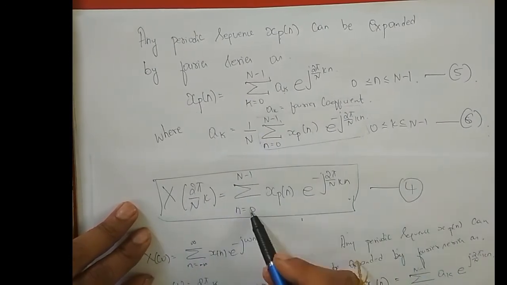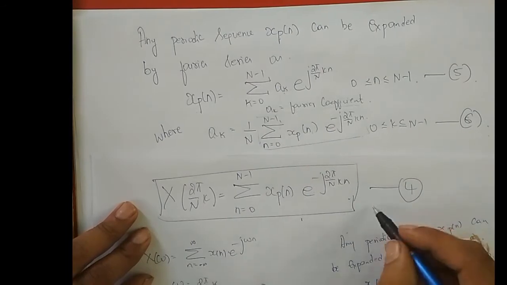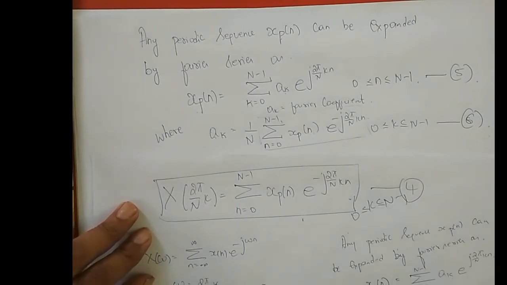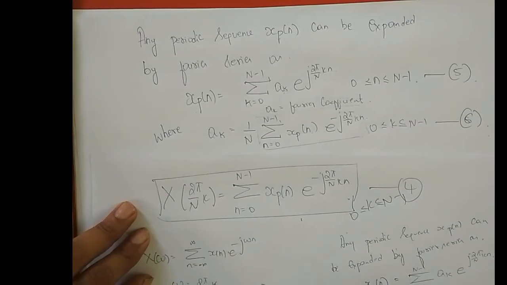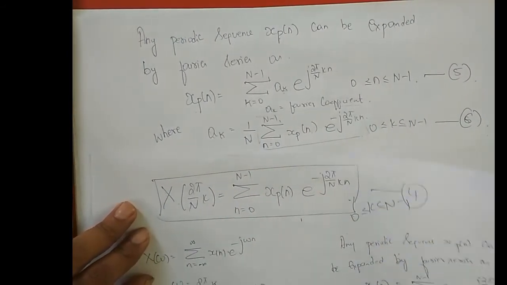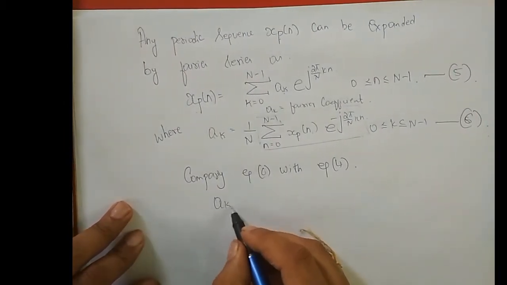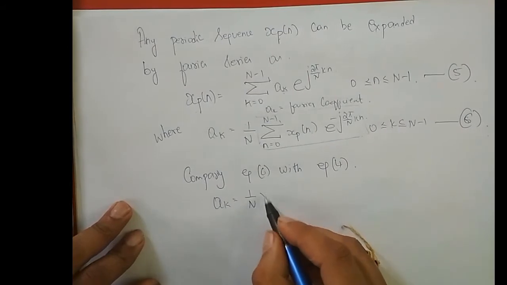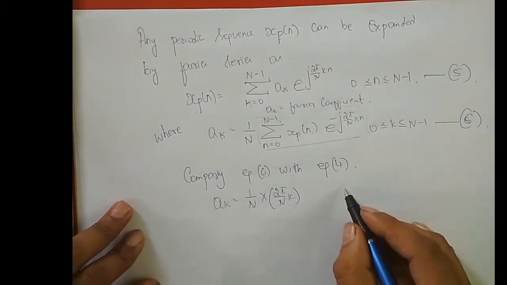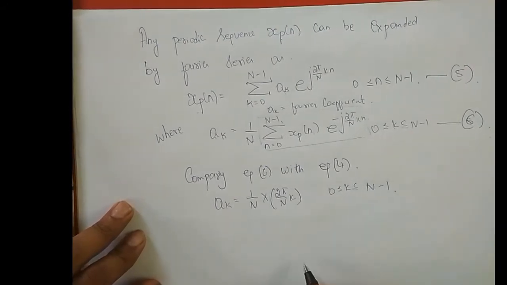Because summation n varying from 0 to N minus 1 x p of n e power minus j 2 pi by N into kn. Here also I have to carry the value k varying from 0 to N minus 1. So a k is equal to 1 by N into X of 2 pi by N into k, where k is varying from 0 to N minus 1.